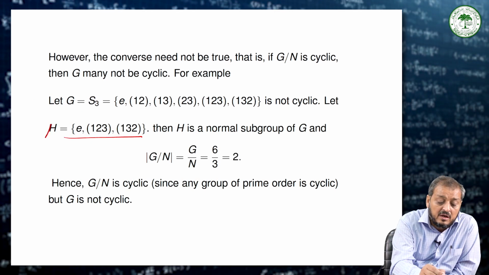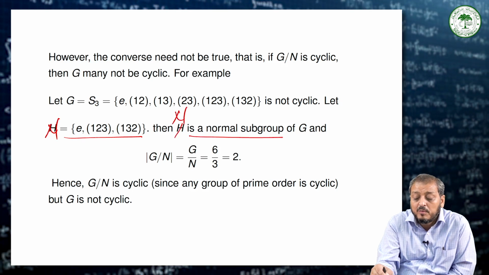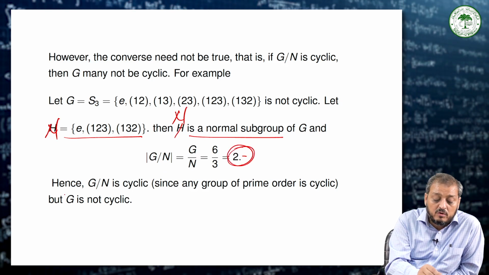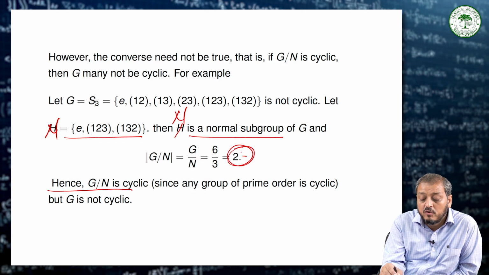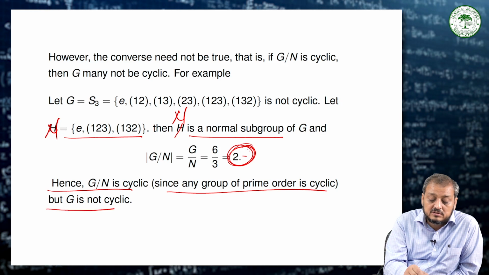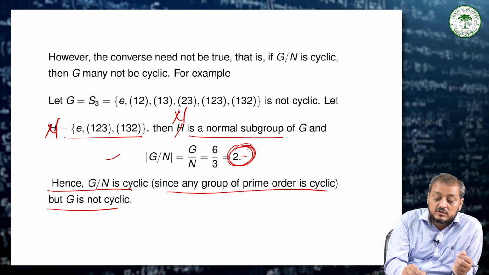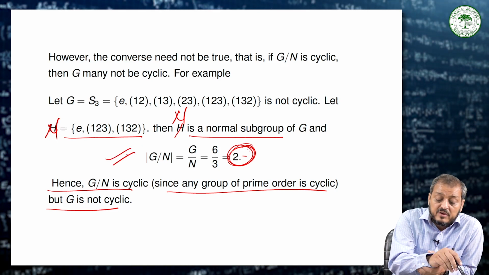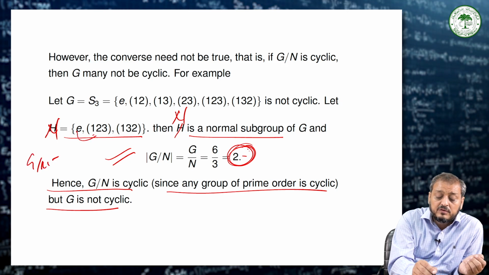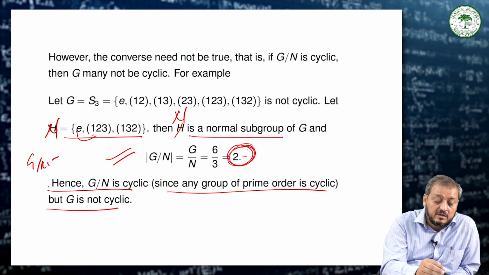N is clearly a normal subgroup of G, so the order of G/N is equal to 2. You know that every group of prime order is cyclic, so G/N is cyclic. Then G/N is of the form N, and N plus any one element which generates it.